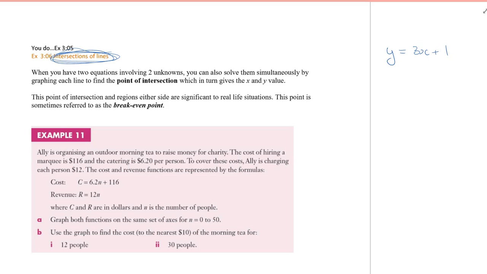So if you have a look at this equation that I've drawn here, y equals 3x plus 1, we cannot solve that. You've heard me say many times, to be able to solve an equation, you can only have one unknown. So if I've got two unknowns, which I do here, x is an unknown, y is an unknown, I will need a second different equation.